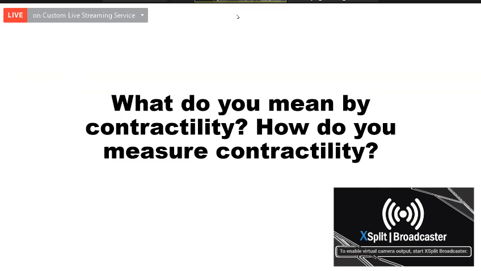What do you mean by, can you define contractility? The rate at which the force buildups in the myocardium. No. That is not contractility. Your other answer is correct. Contractility is measured by measuring dp by dt. What is meant by contractility, and how is it different from force of contraction?